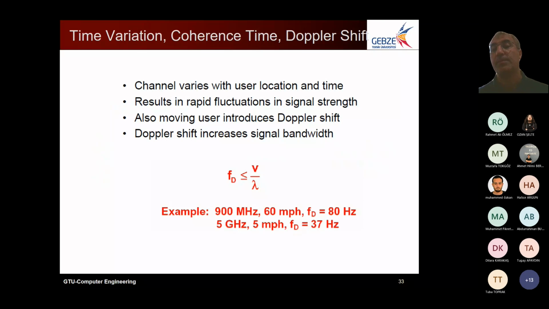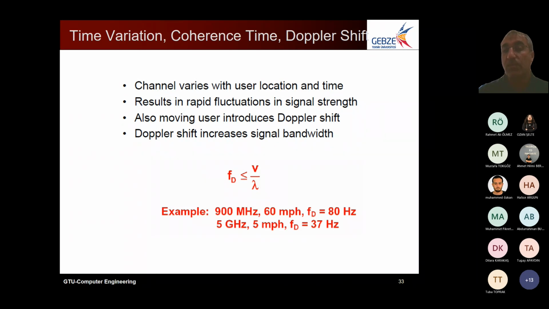Okay, another important effect is the Doppler effect, which we measure by the Doppler shift. How does Doppler happen? The channel varies with the mobile user's location and time, especially when it moves.